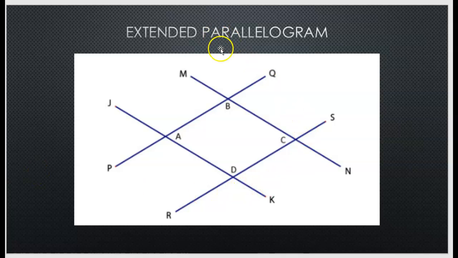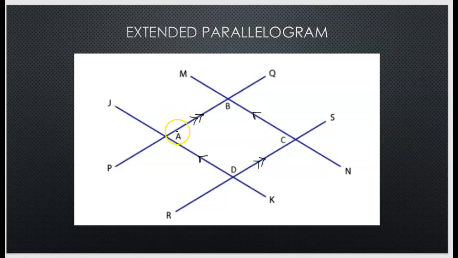Okay, now, here's what happens in the lesson in Accelerate. What they're going to do is extend the side lengths of a parallelogram. So here's the idea. What they want you to see is that these two lines are parallel and that these two lines are also parallel.